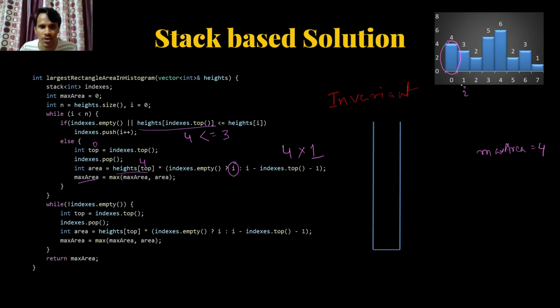And i is at position 1, right? And the stack is empty. Okay, I'm going to erase all this. So now i is still here, and we again check if the stack is empty.